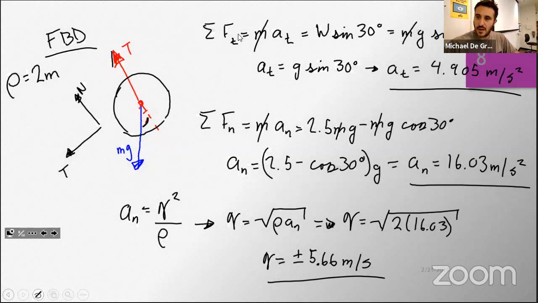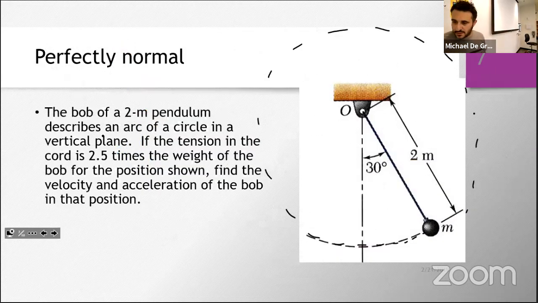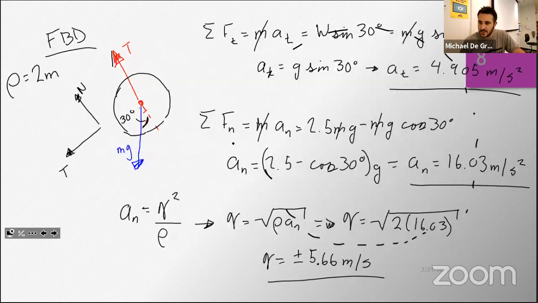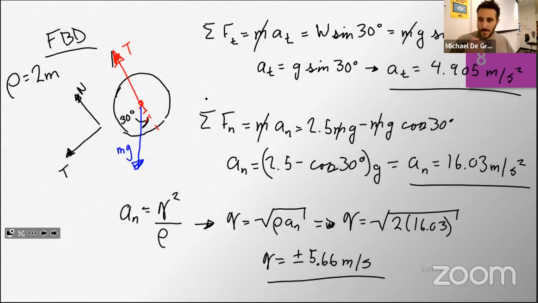In case we don't remember, let's go back and look at it. Most of the problems that we do say something like, in this position, find the velocity and acceleration. We want the instantaneous velocity of this pendulum when the angle is 30 degrees.